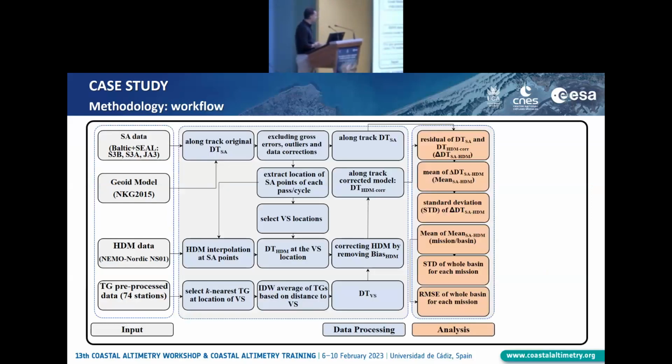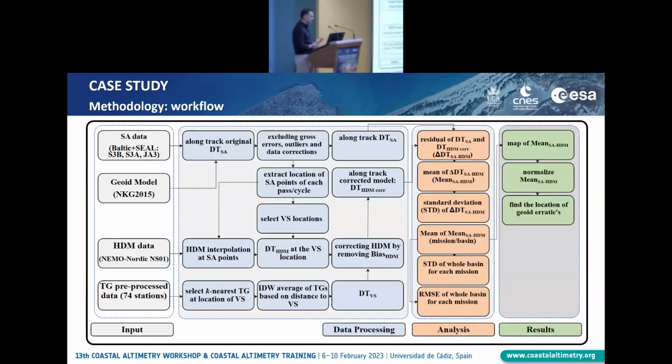So the flowchart of the study is shown here. First the data set, then the correction of the model, and then comparison with the satellite data to get the final map of the Vincent.